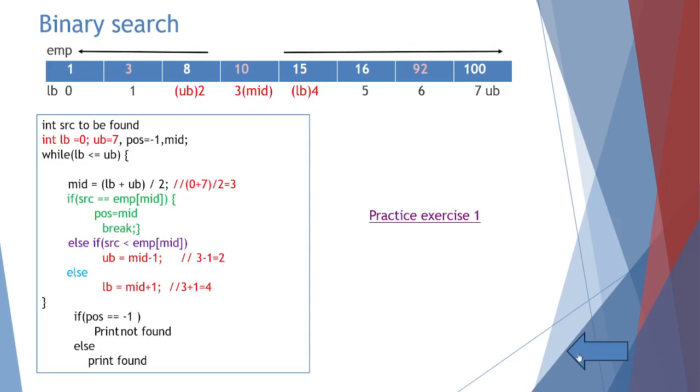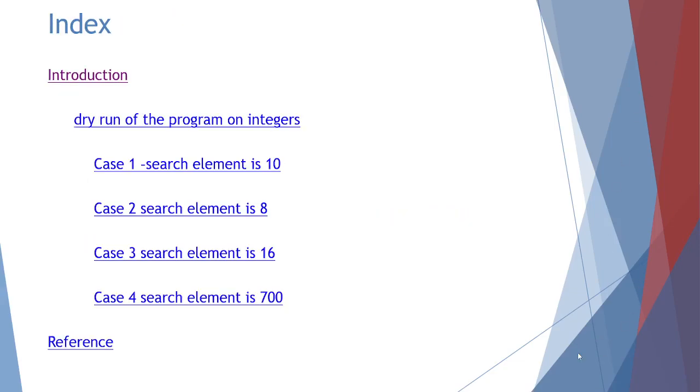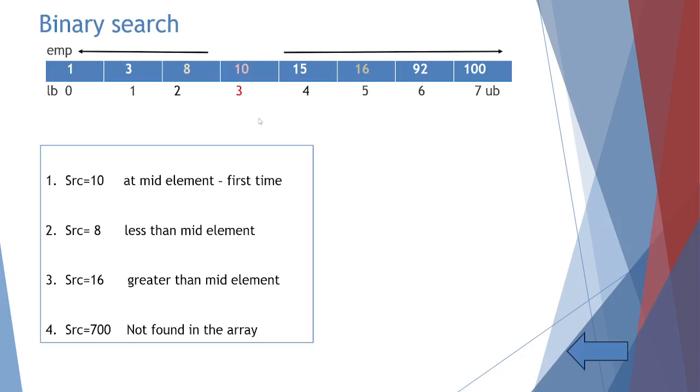Now, let's understand this particular algorithm with the help of four search cases. Search element is 10. That is the mid element only because our array size is 8. 0 plus 7 divided by 2 is 3.